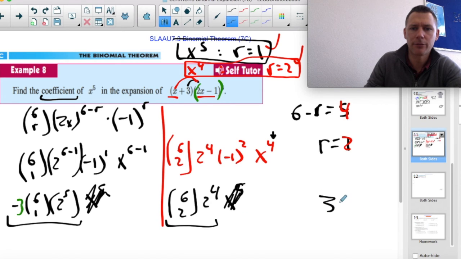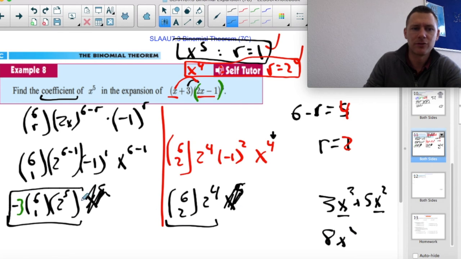It's like saying if you have 3x squareds plus 5x squareds, you just say I have 3 ducks and 5 ducks. In total you have 8 ducks. Same thing here, I have 2,871 x to the fifths and 342 x to the fifths. Add them together.